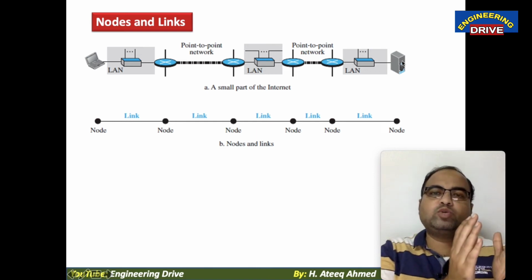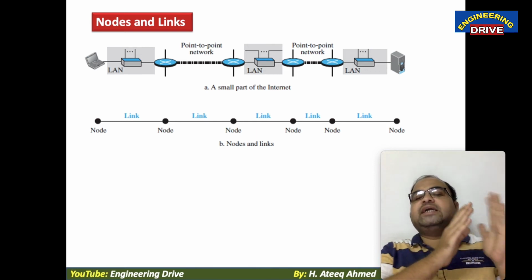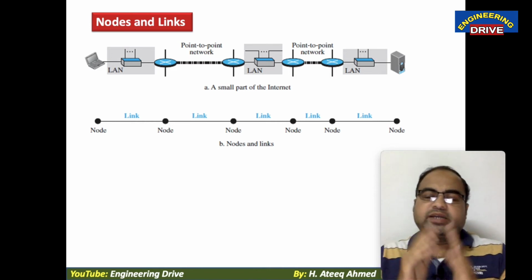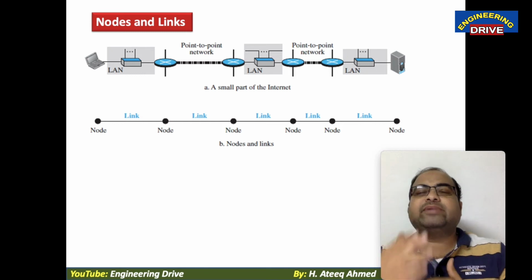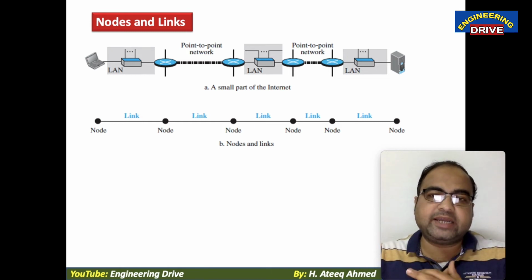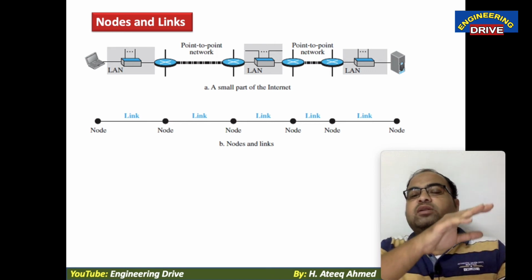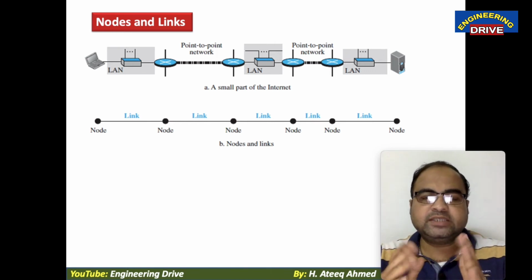The sender wants to send the data to the receiver. The data will not go directly to the receiver. In between there are many routers, many switches, a local area network, a wide area network. So it needs to travel through all these nodes, then it will reach the destination. Is it right?